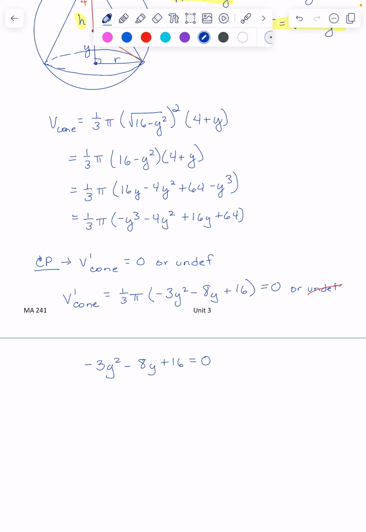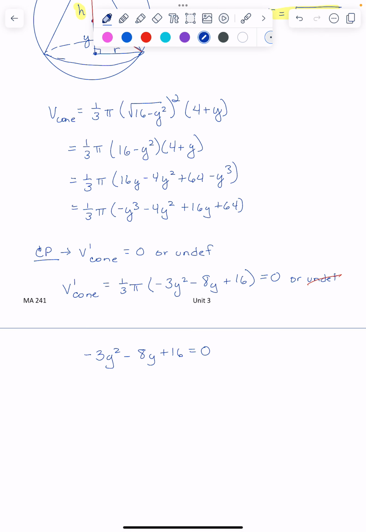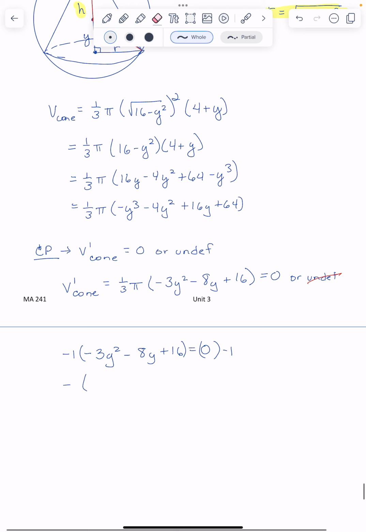All right. So if I go ahead and try to factor this thing, actually let's pull out a negative sign, or multiply both sides by a -1. That's even better. -1 over here and a -1 over here. I like it when my leading coefficient's positive. So as long as I do the same thing to both sides, I'm good. A 3y squared plus an 8y minus a 16 equals 0. That looks a whole lot easier to deal with.